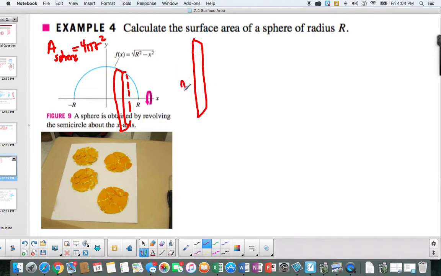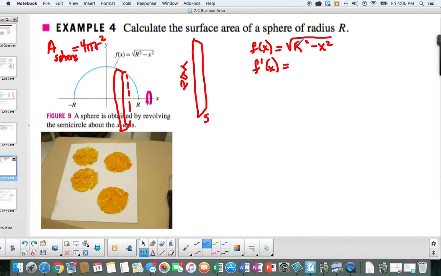Remember that this represents 2 pi r, and this represents the arc length. Our function, f of x, is equal to root r squared minus x squared. And you know that when we're working with the arc length, we're going to have to take the derivative. So let's go ahead and do that now.